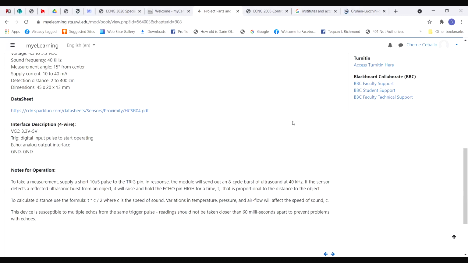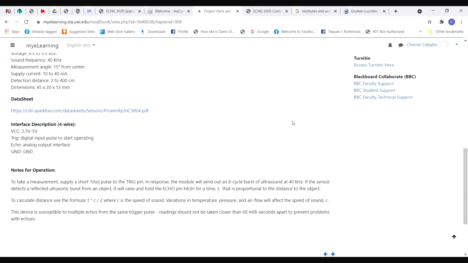Very good. So what they're saying is you trigger the module and it by itself will send out a burst of ultrasound. The physics of the thing is that if we encounter an object, that ultrasound will be reflected back to us and the module will hear it on reflection. The module itself is going to keep track.